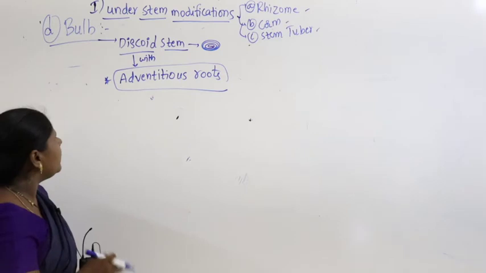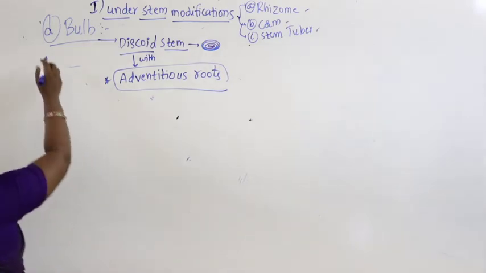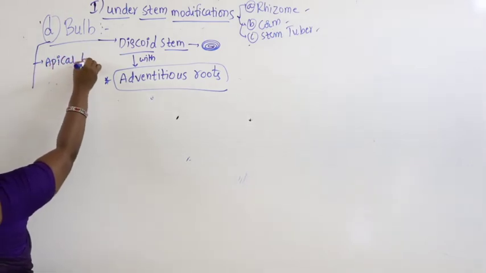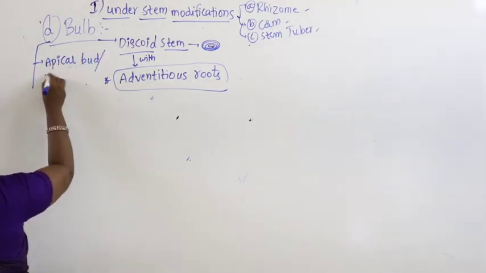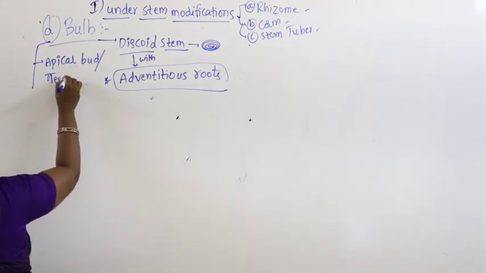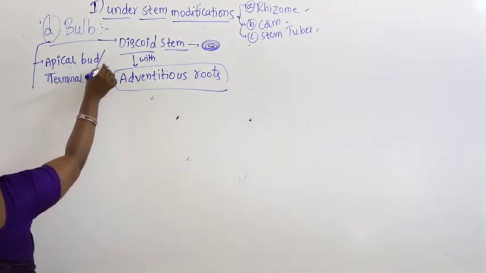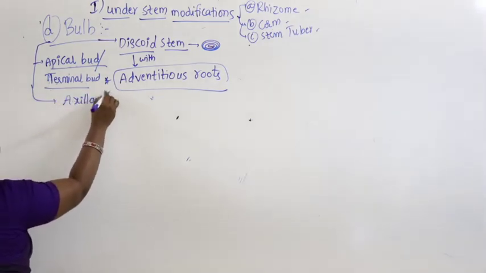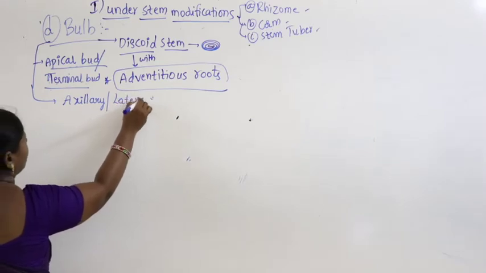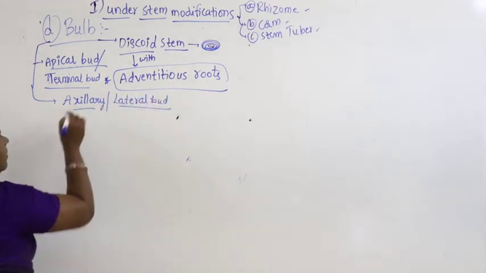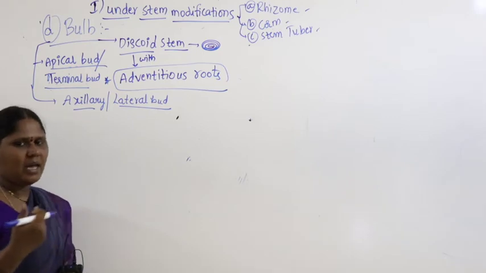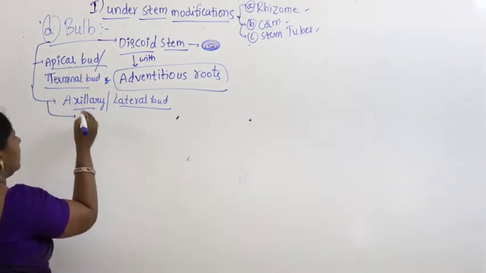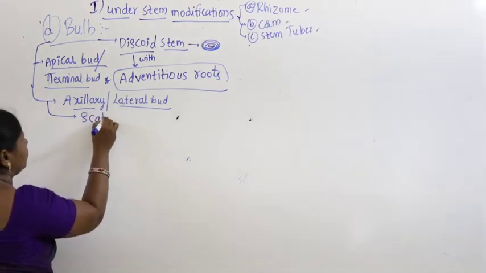In this case, the bulb also contains an apical bud, or terminal bud, and it also contains axillary buds or lateral buds. The apical bud and axillary buds lead to the formation of what are called scale leaves.